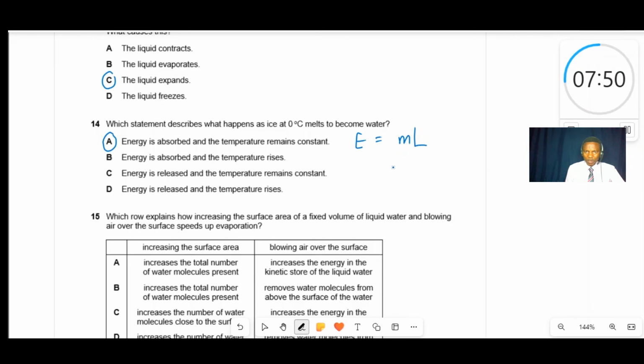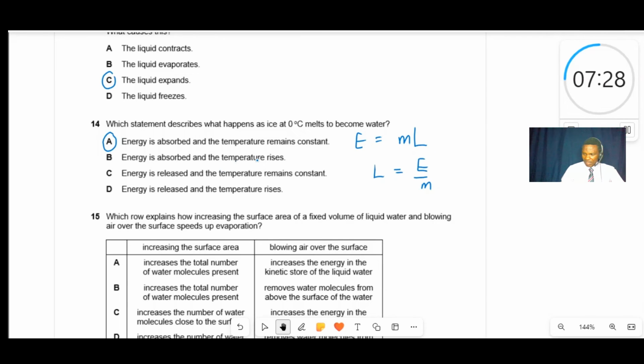So the latent energy is the quantity of energy required to convert a unit mass to water at its melting point. That is the latent heat of fusion. And to convert liquid to gas, it's called latent heat of vaporization. So the answer there is A.